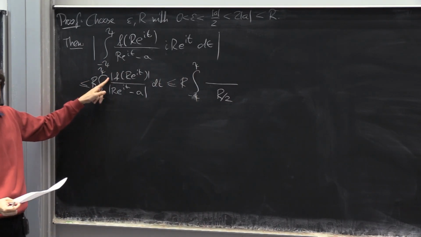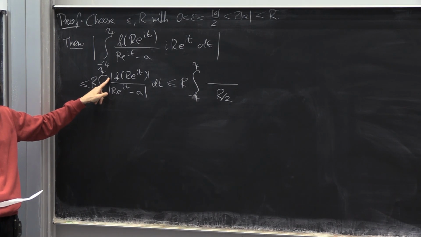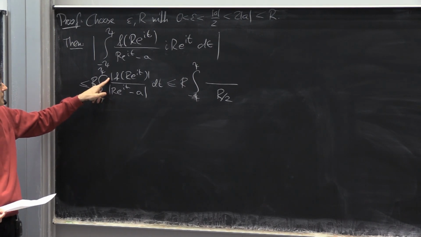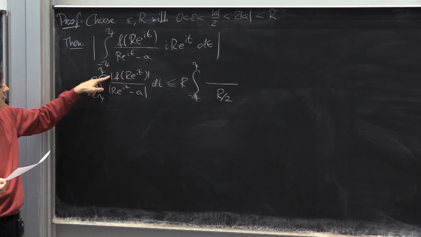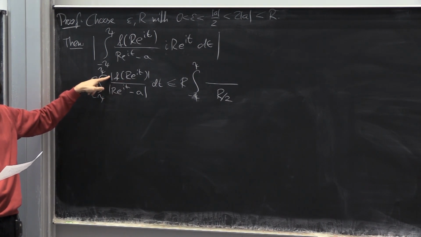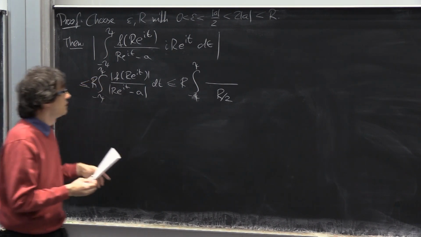And here we will use that our function is an H infinity 0 function. So it's bounded, and if you let R go to infinity, this gives you some additional decay, some R to the minus s.